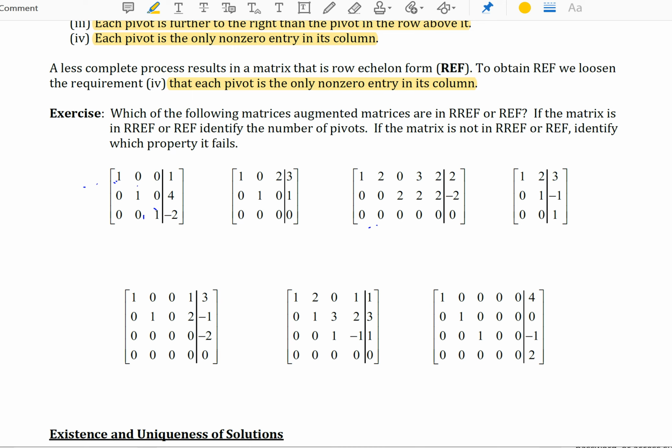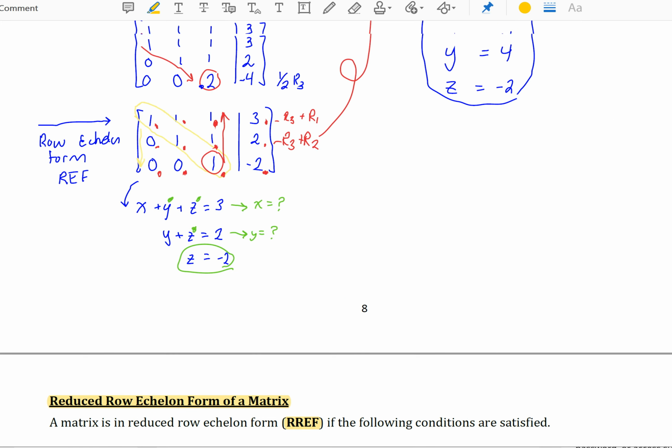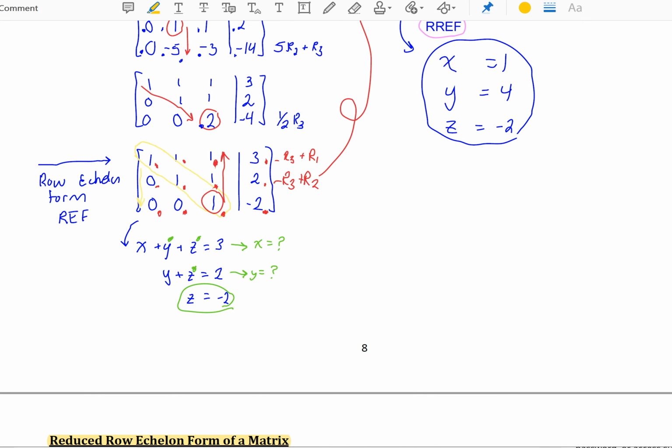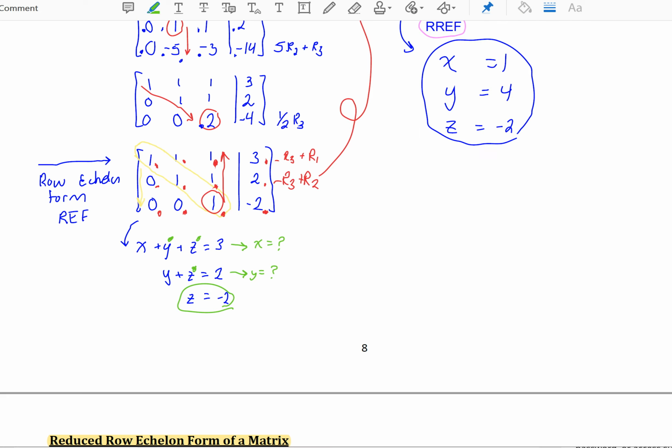In our last example, I had made a point when I had made it to REF form. If I scroll back for a moment so you can see that, then we can say this matrix here is a matrix that's in REF form.